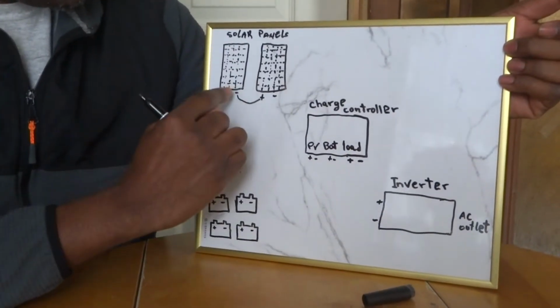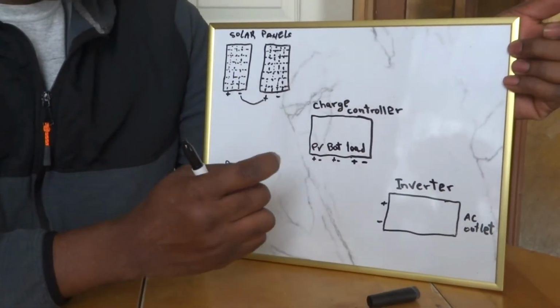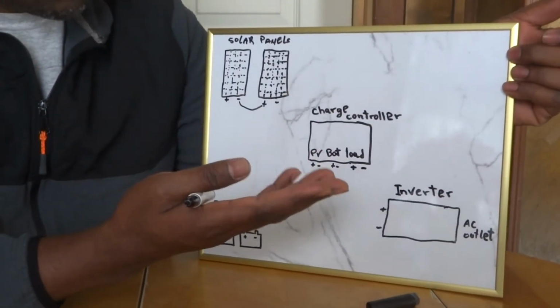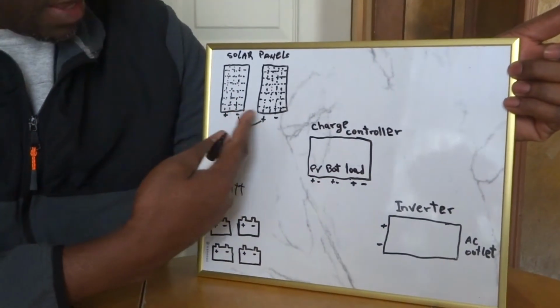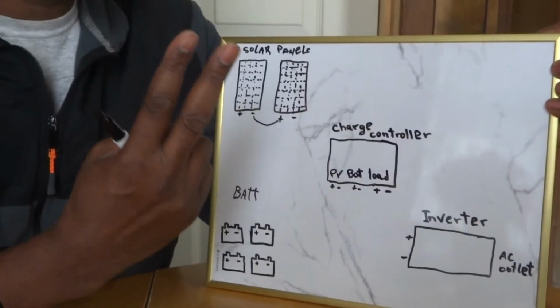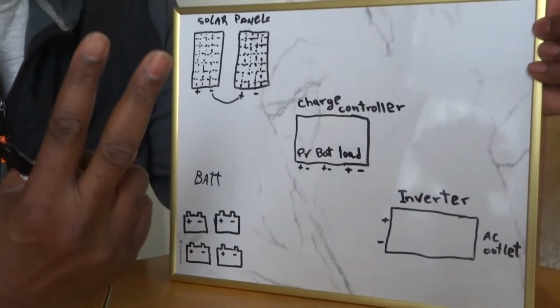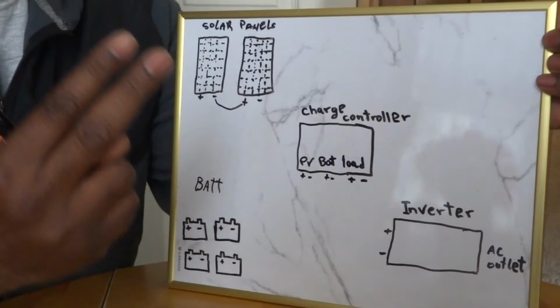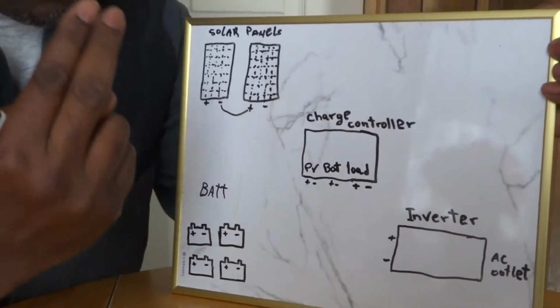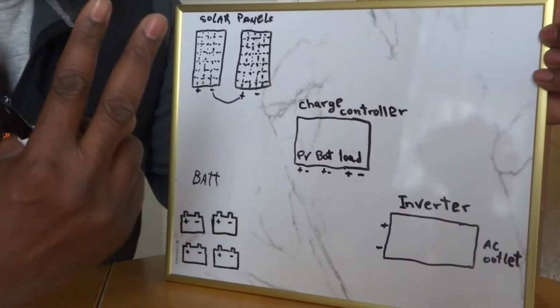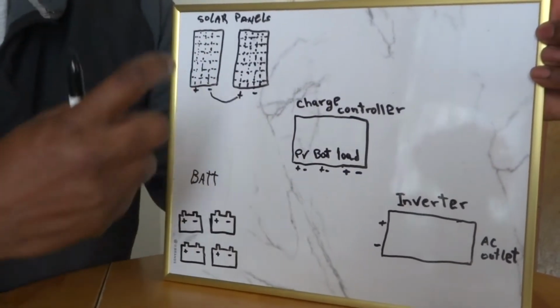In series the voltage will add up, but you can connect in series two identical solar panels. Remember, even for batteries, you connect in series or in parallel two identical solar panels or batteries.